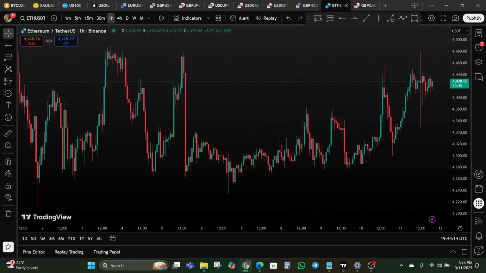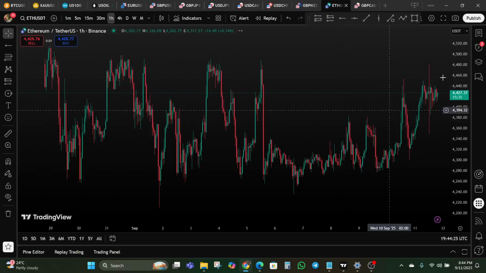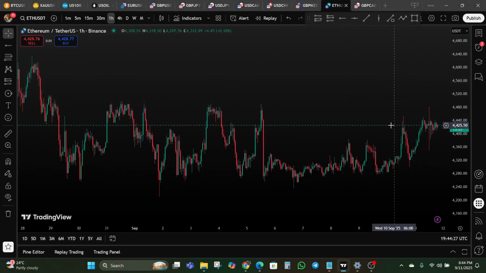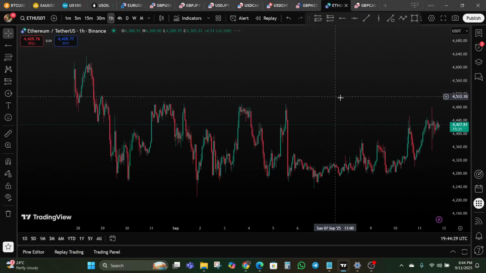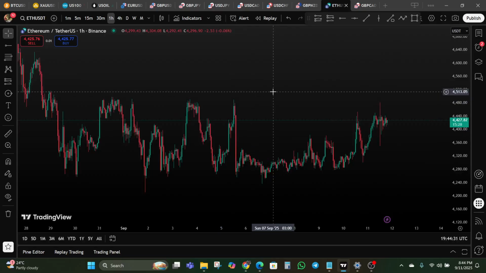So instead of relying on traditional indicators or random trading signals, this strategy actually focuses on four main pillars, which are liquidity, order blocks, fair value gaps, and market structure. Okay, so now let us go step by step so that you can clearly understand how to apply these concepts to Bitcoin, Ethereum, and other altcoins.